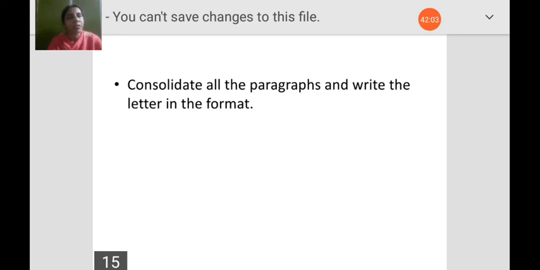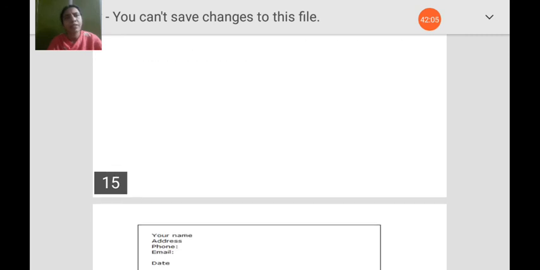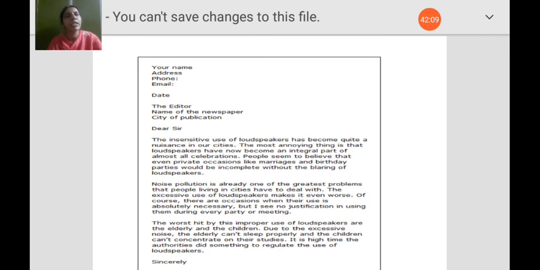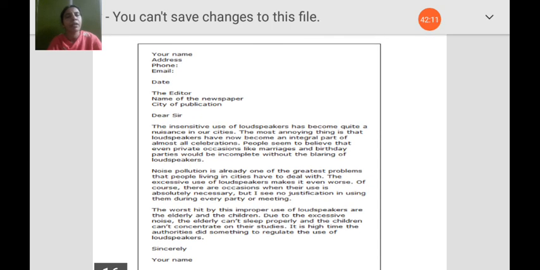I hope you have consolidated. It's a very easy task. Where to write what? See, this is how I consolidated the same letter. Look at the letter. At the top, that is your name. You need to write your name, then your address, then phone and email. That I have left for you.